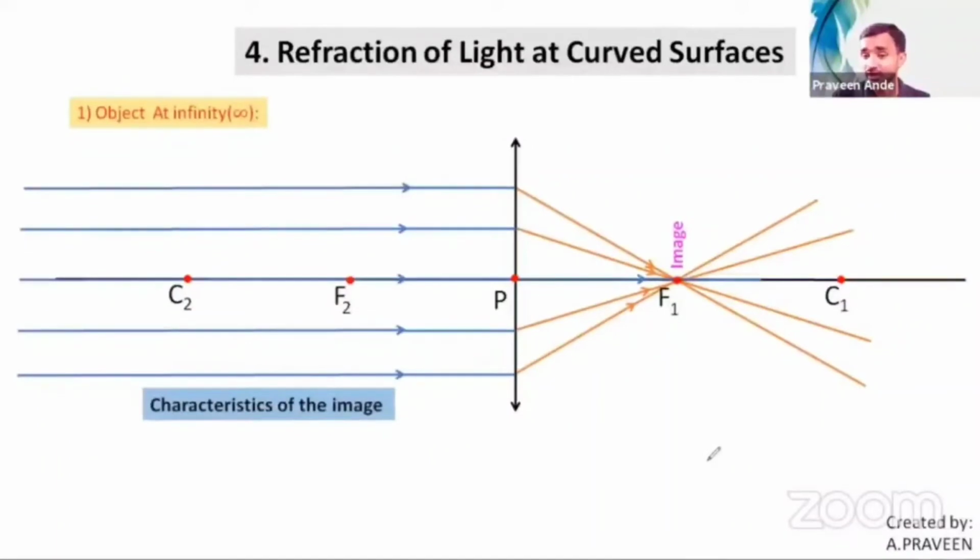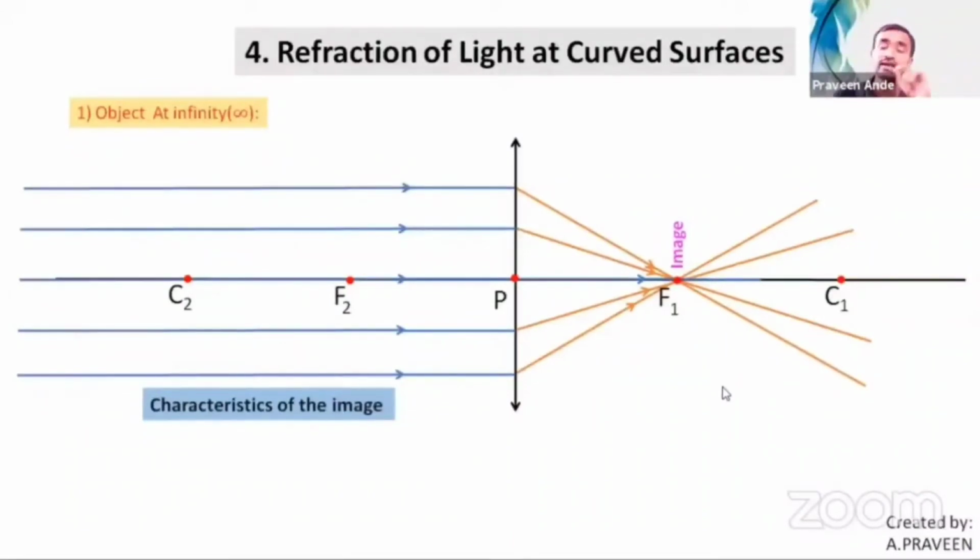Then compare the height of the object to the height of the image. Which is bigger, which is smaller? If the image height is greater than the object height, you can call it a magnified or enlarged image. If the image height is smaller than the object height, you can call that image a diminished image.